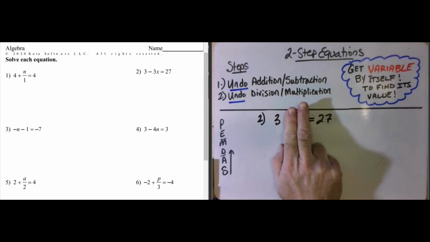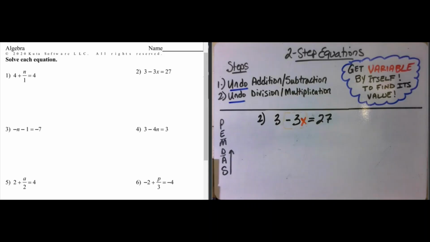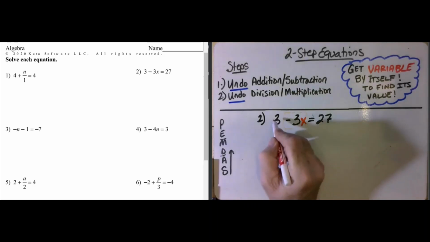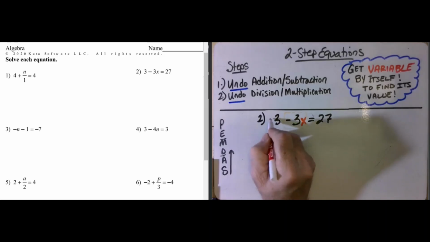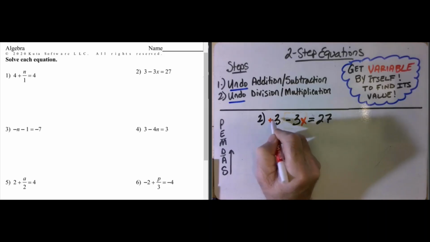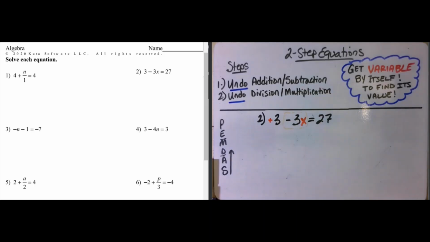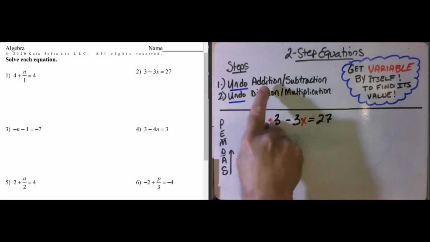You may remember from the beginning of school that any variable or whole number, or constant, that starts an expression or an equation, if there's no sign there, is actually a positive or a plus. So there we have it. That's the plus or addition that we're going to undo.